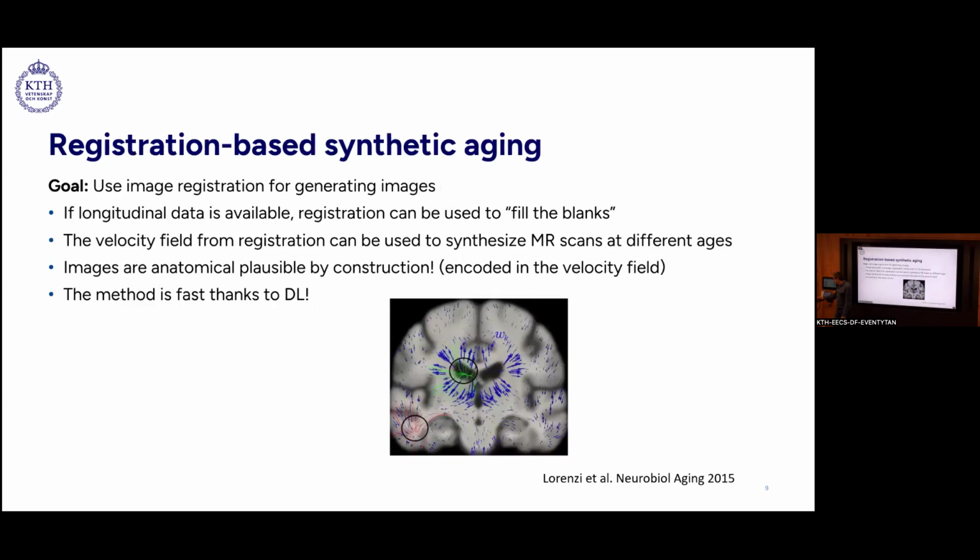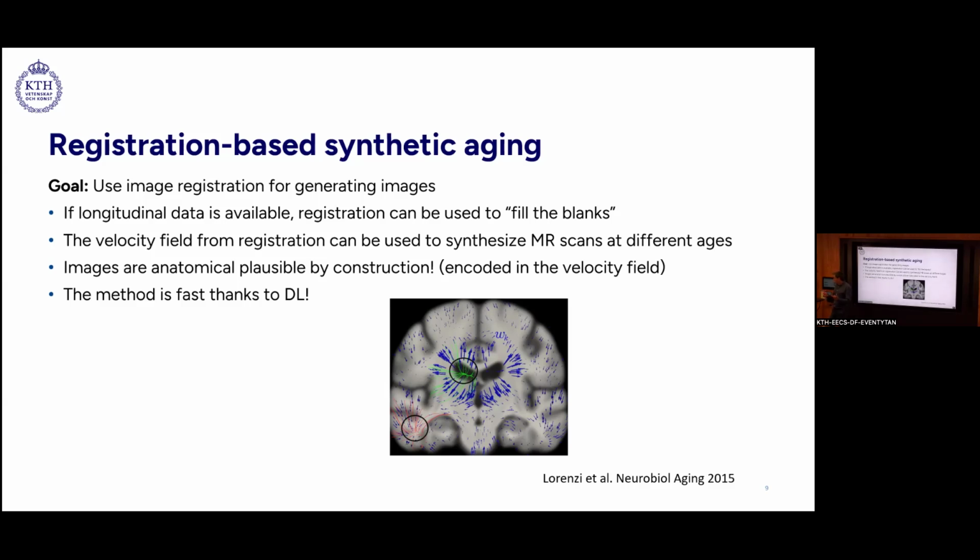And then we wanted to use this registration framework to generate the synthetic images. The main advantage, as I said, is that you guarantee the images you are generating are anatomically plausible. This is not the case for standard generative AI. We started with an easier case: what if you have two images of the same person?